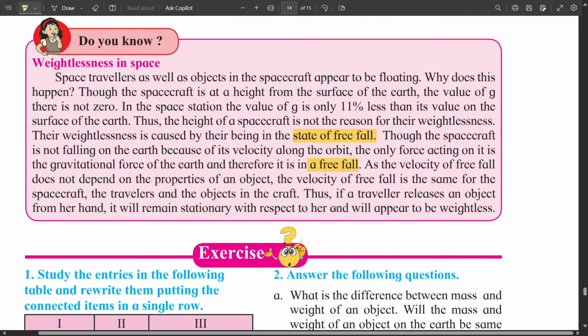So here the people in the spacecraft as well as the spacecraft are both in free fall, and hence the spacecraft cannot provide a normal reaction to the people in the spacecraft. Hence they float. So floating is because of the state of free fall and not because g is 0 at that height.